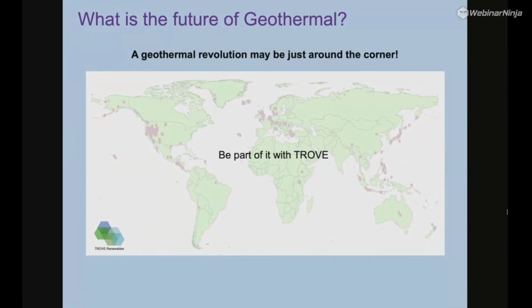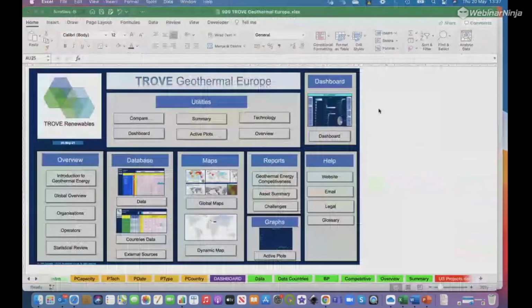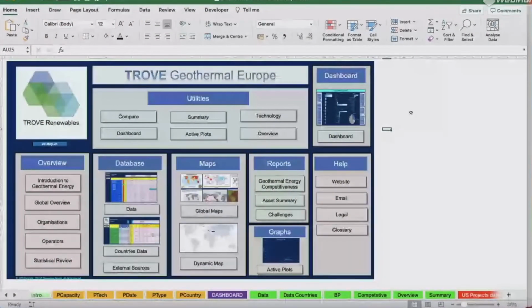And this is my cue to transition to our demonstration of the TROVE knowledge base. So TROVE is basically packaged within Microsoft Excel. It's effectively an app within Excel that we have developed.